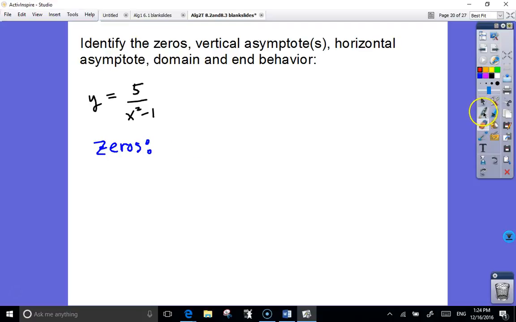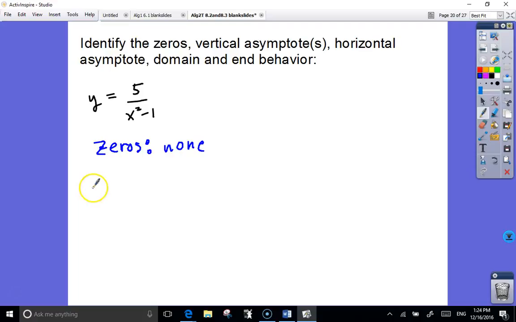How do you find the zeros? Read the rules. The zeros of the function are zeros of the numerator. Okay, well in this case, what are the zeros of the numerator? None. 5 is a constant. It's never going to equal 0. So none.